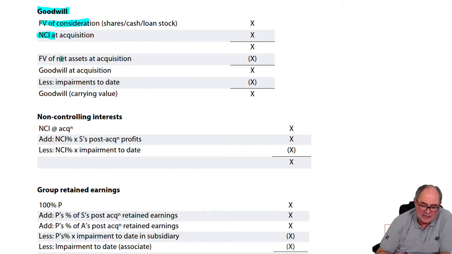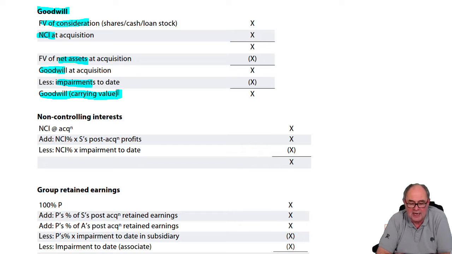Compare it to the net assets. That's the Goodwill. Under international standards, Goodwill is not amortized, but there must be an impairment review every year, and that would give us the carrying amount at the SFP date, or balance sheet date. So that's a very standard working, which you'll be doing dozens of times as you work through SBR.